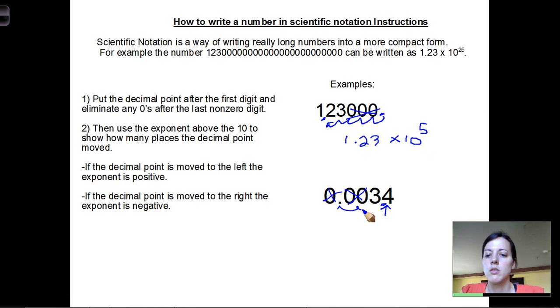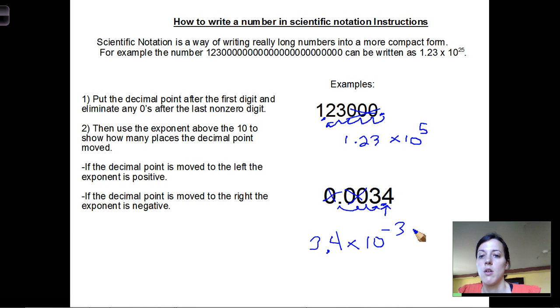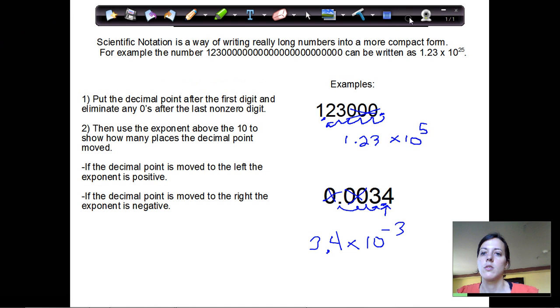So we're going to move it once, twice, 3 times, and in scientific notation that gets written as 3.4 times 10 to the negative 3. And the reason it's negative is because we are taking a small number and we are moving the decimal spot right. So whenever the decimal spot moves right, the exponent is negative. When the decimal spot moves left, the exponent is positive. And that is how you write a number in scientific notation.